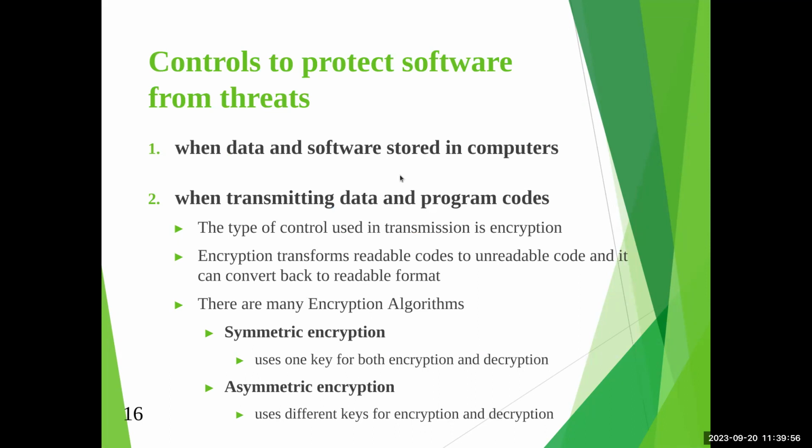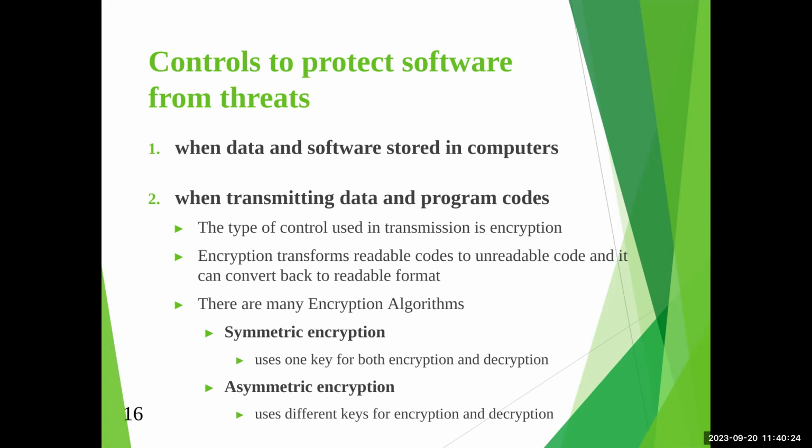Controls to protect software from threats. Control should be there when data and software are stored in computers. Second is when transmitting data and program code to another place, we have to encrypt it.